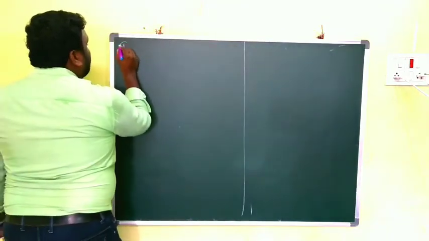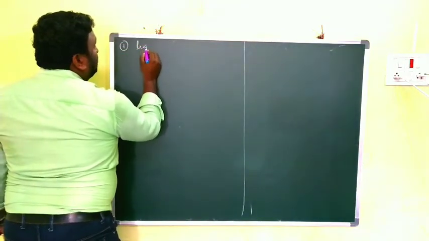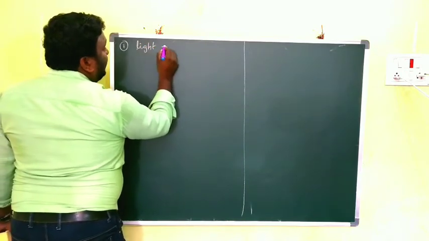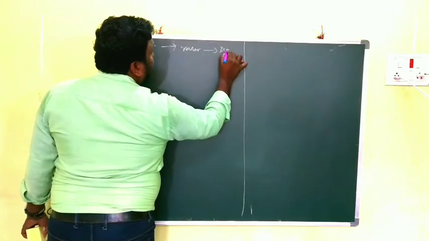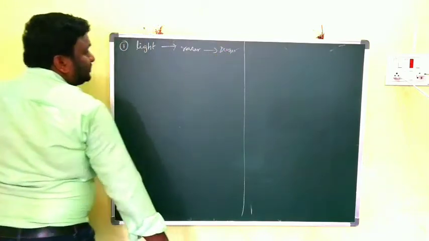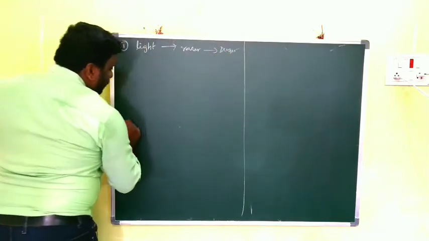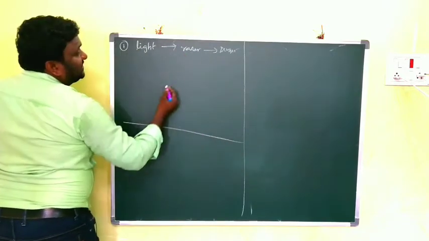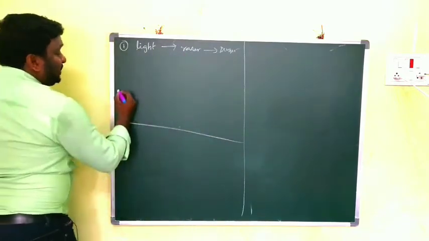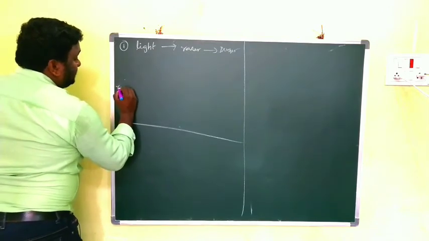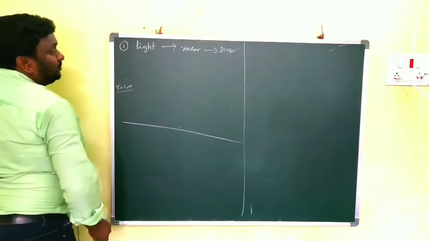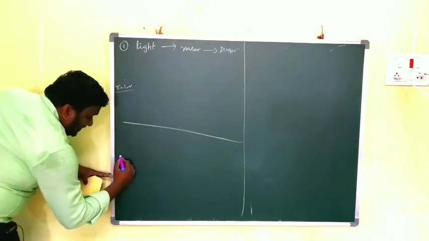Now the first case I am taking here: light is moving from rarer to denser. Clear? That means medium 1 is the rarer medium and medium 2 is the denser medium.